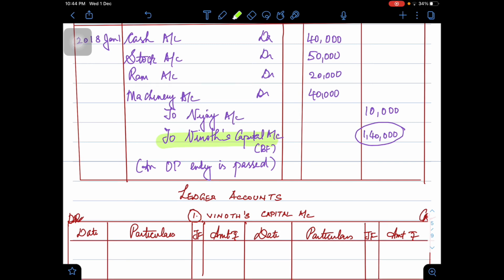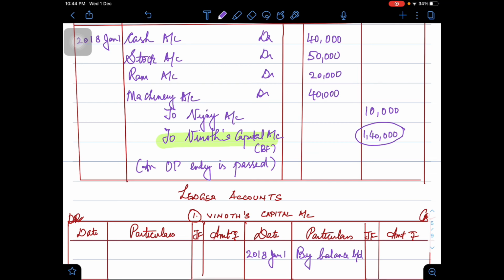So if I want to enter cash, stock, machinery, I should only enter them in the credit side of Vinod's capital. Now I start entering it. 2018 January 1st, by, I don't write individually cash, stock, etc., but I say only balance brought down.